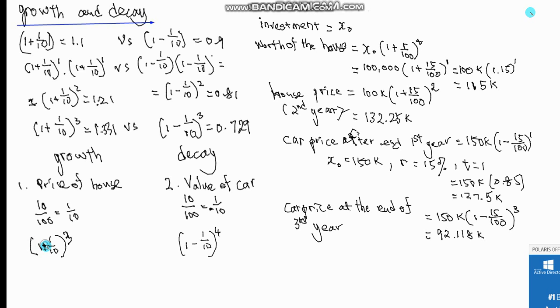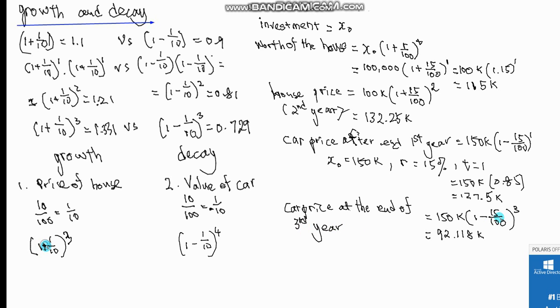Okay, at the end of the first year you got 127.5K. What about the car price at the end of the third year?